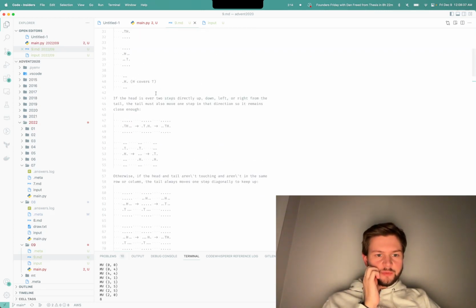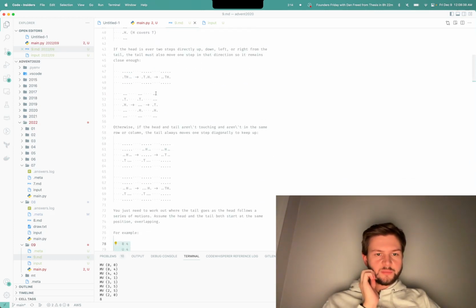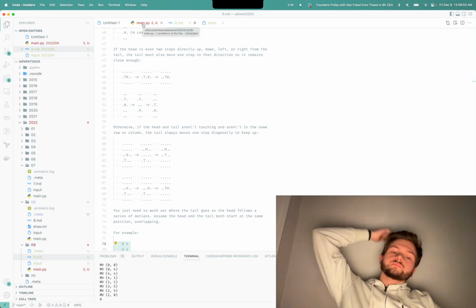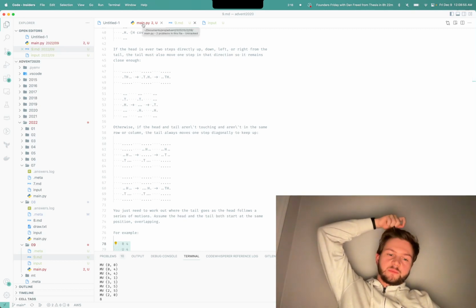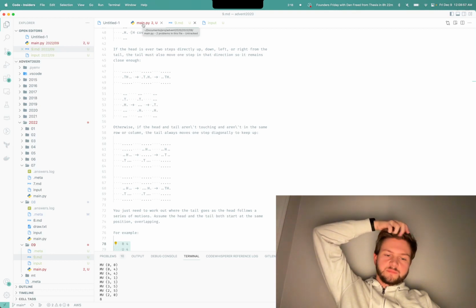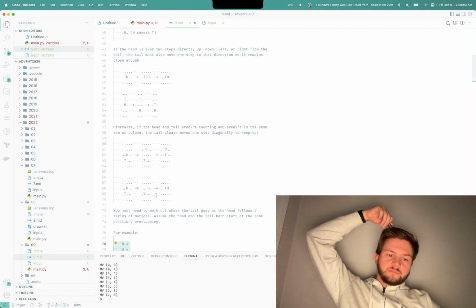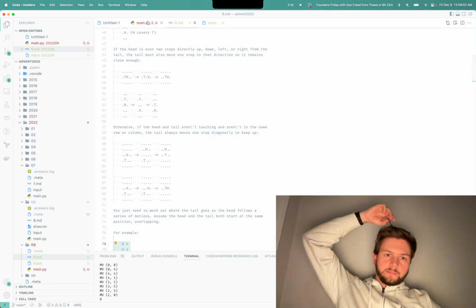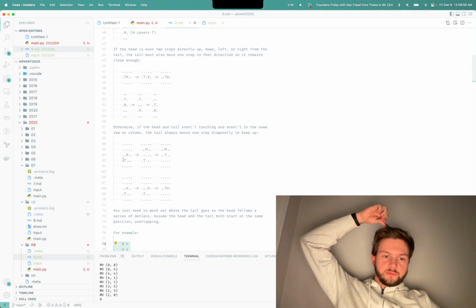Is there ever a move where it does not go to the previous head? I don't think so. I guess there's a problem with diagonal movement, right? So here it would move correctly.